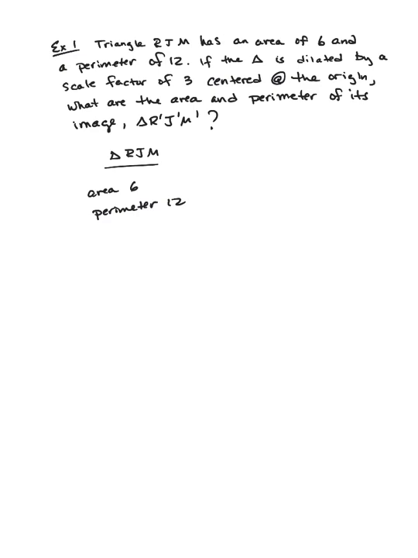Okay, so what we learned is that to get the image, since the scale factor is 3, we're going to multiply the perimeter by 3. But for the area, we're going to multiply it by 3 squared.